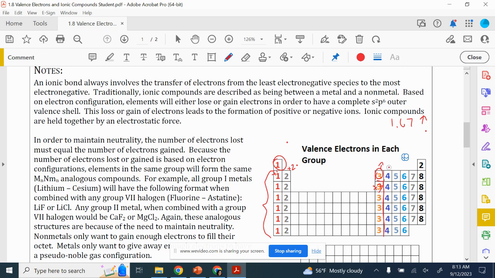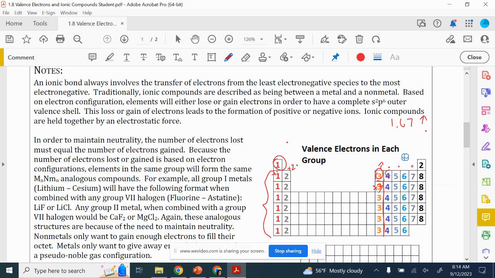Now, when we get to the center column here, which is headed up by carbon, most of the time these end up sharing. Okay, and that's the topic of Unit 2. So we're not going to really assign them numbers because usually they're sharing.